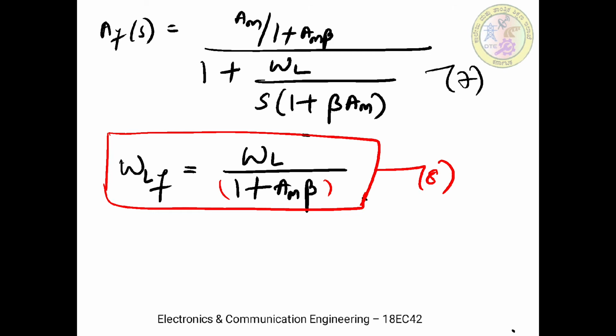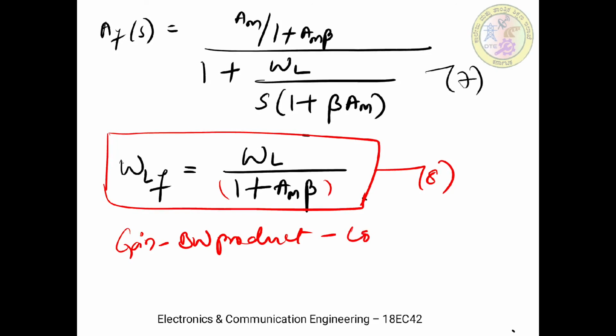So this is going to again maintain the same bandwidth product. Therefore the gain bandwidth product is going to remain the same, a constant value.